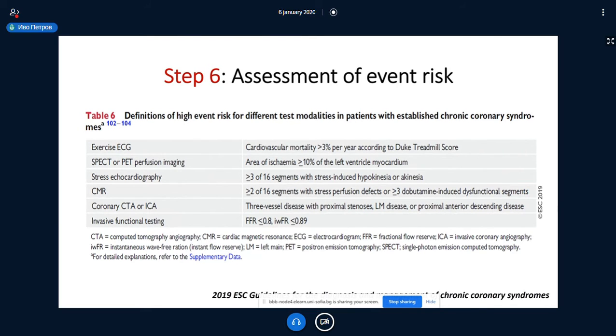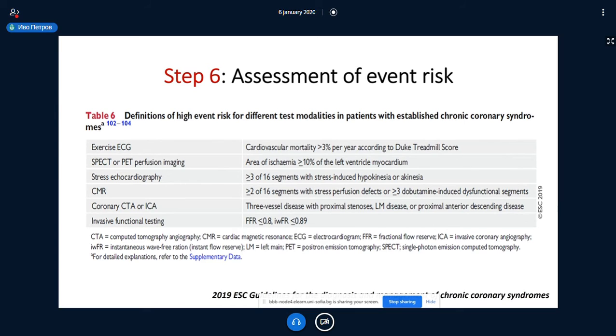And what about the risk? In fact, it's very important to have in mind the risk of clinical events for a particular patient. Because of that, the burden, the mass of the myocardium that is involved in the ischemia, the evaluation of this burden is very important.